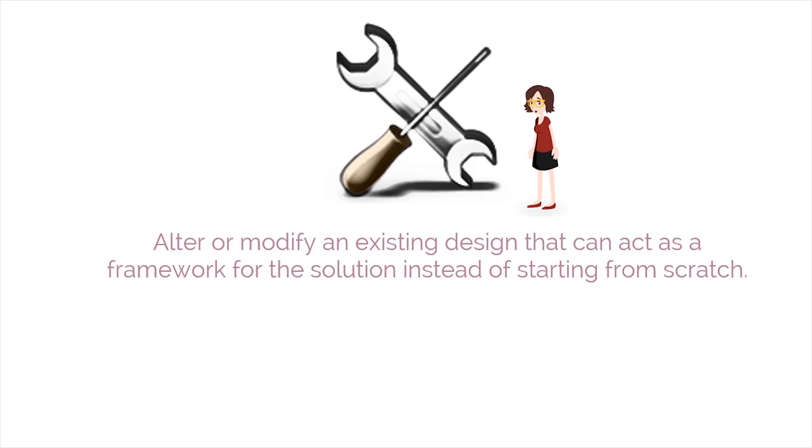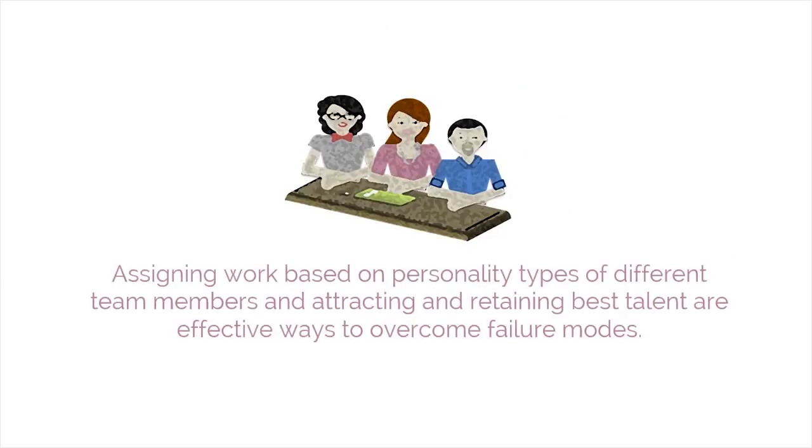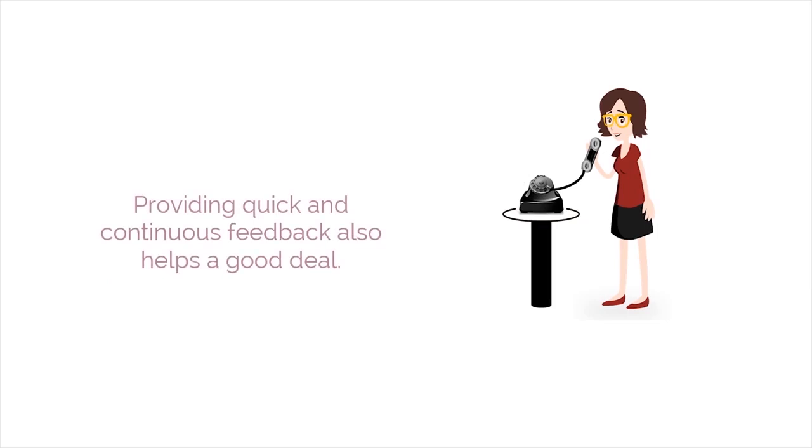Another step to take is to alter or modify an existing design that can act as a framework for the solution instead of starting from scratch. Further, assigning work based on the personality types of different team members and attracting and retaining the best talent are effective ways to overcome failure modes. Providing quick and continuous feedback also helps a good deal.